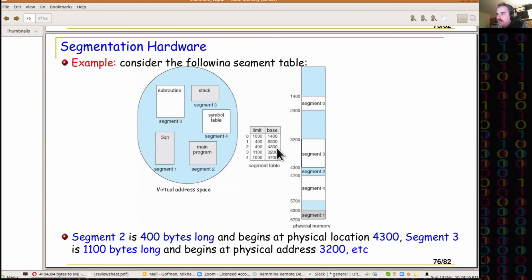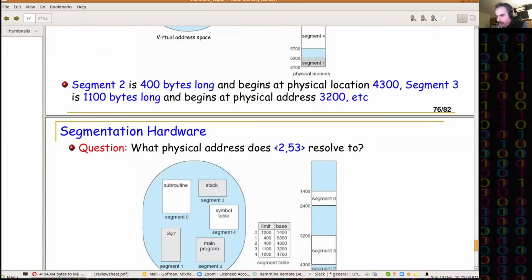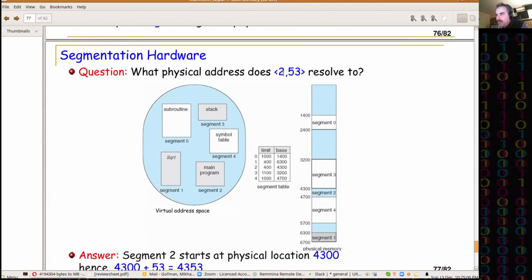Now let's take a look at some examples of how this virtual to physical translation actually works. Let's say that a process wants to access offset number 53 within segment number 2. Well, we take the segment number, we index into the segment table, and we see that the limit of the segment is 400. First, we want to check to make sure that the offset which the process wants to access is less than the limit.